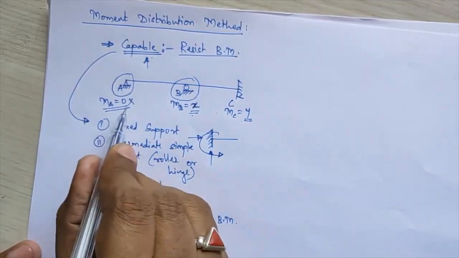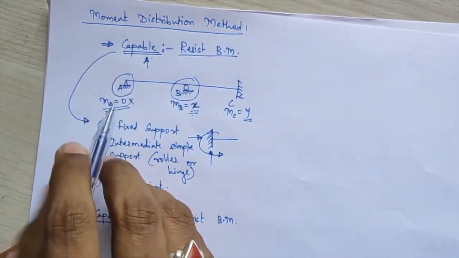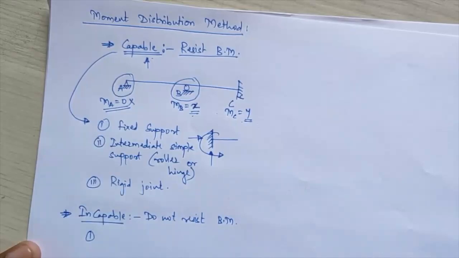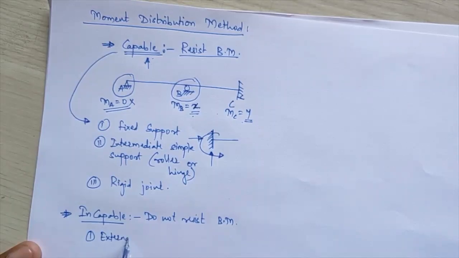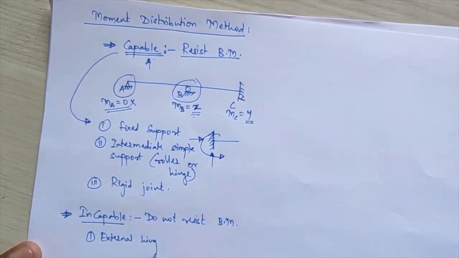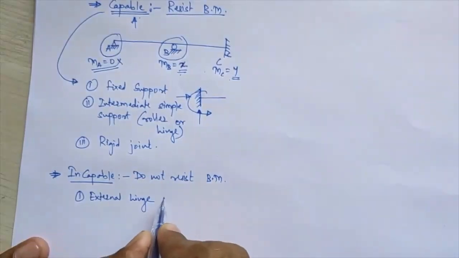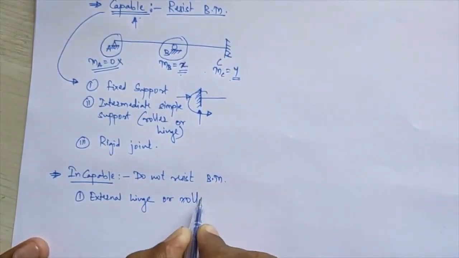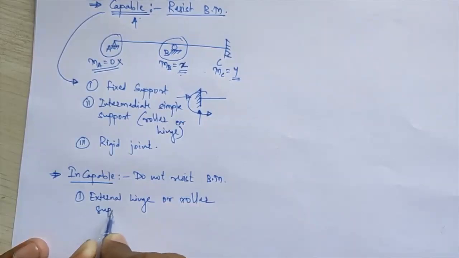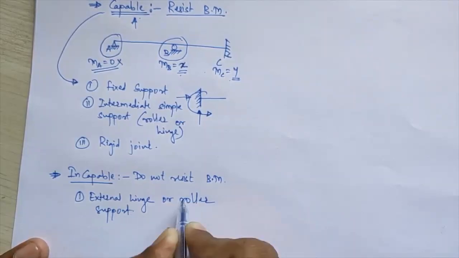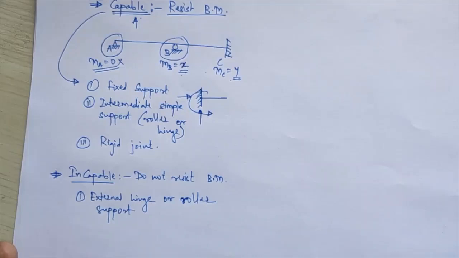Such a support is classified as an incapable support. Under this, the external hinge or roller support is a classification of incapable support.